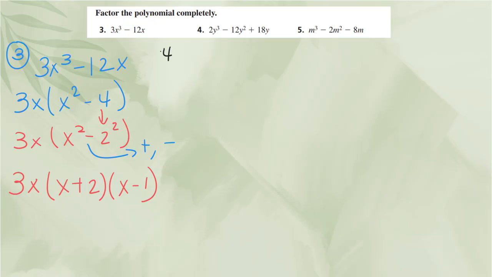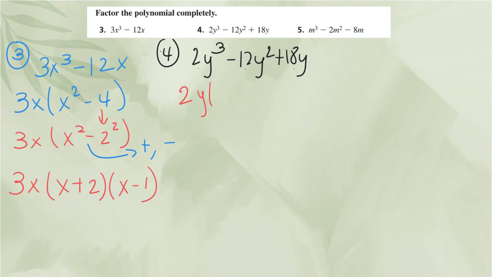Number 4, I have 2y cubed minus 12y squared plus 18y. The GCF of 2, 12, and 18 is 2. And I also could take out a y. So I'm left inside with y squared minus 6y plus 9.